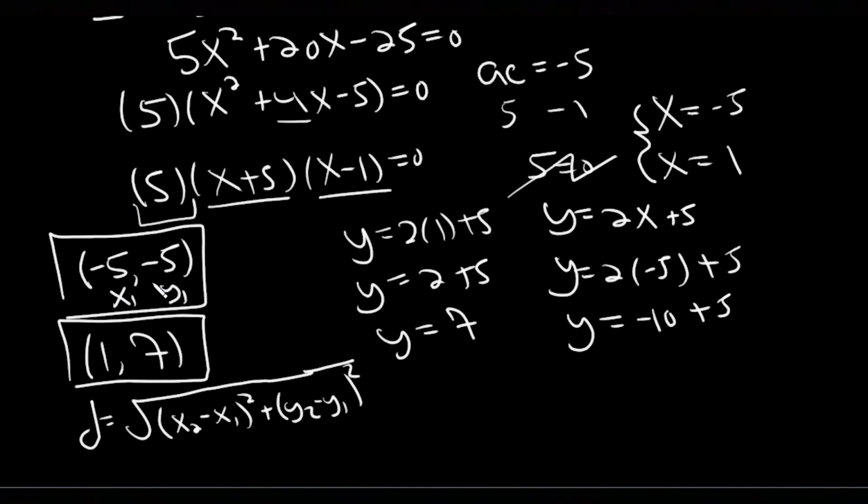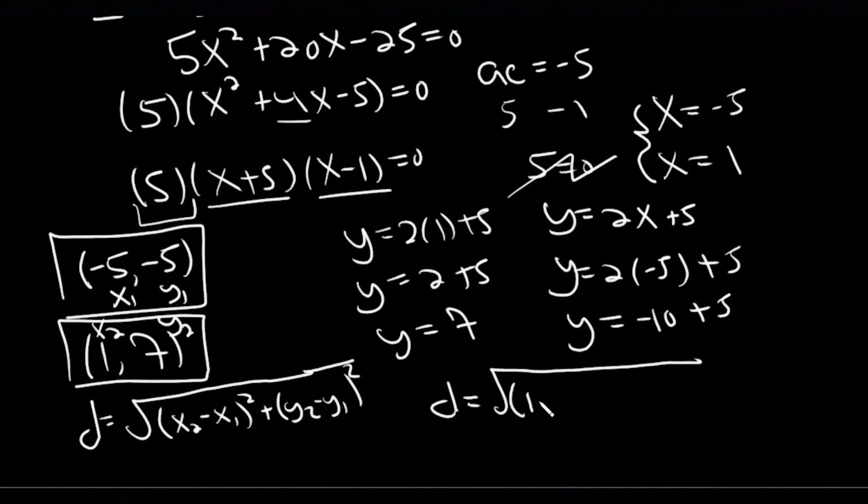So I'll call (-5, -5) x1 and y1. And then this point right here will have to be x2 and y2, okay? And now all I have to do is plug it in. So I'm going to say here, distance is equal to the square root of, okay, and then we're going to have, in parentheses, x2, that is going to be 1. So I have 1 minus a negative 5.